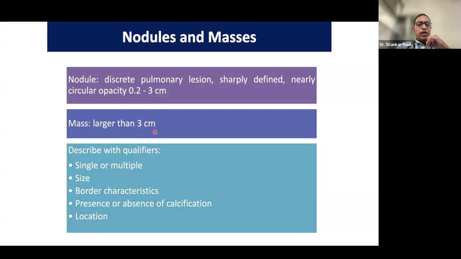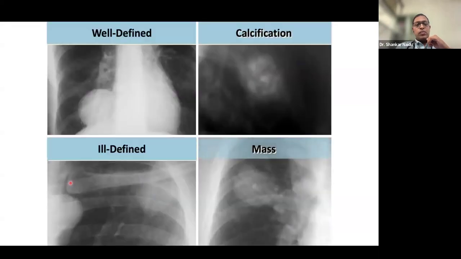Once we make a note of these findings, then we have to see whether they are single or multiple in number, what is the size and what is the border, then presence or absence of calcification, and their location. So these are examples of some of the nodules and masses.